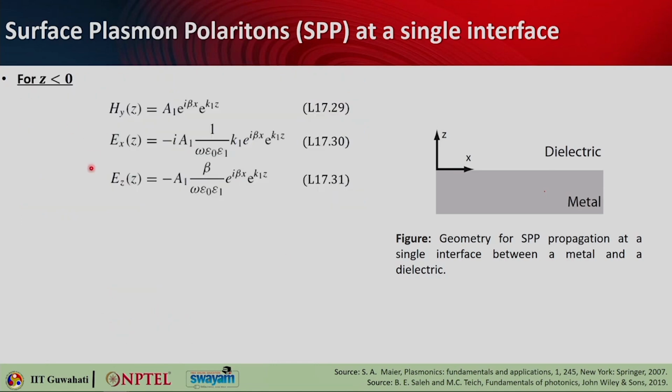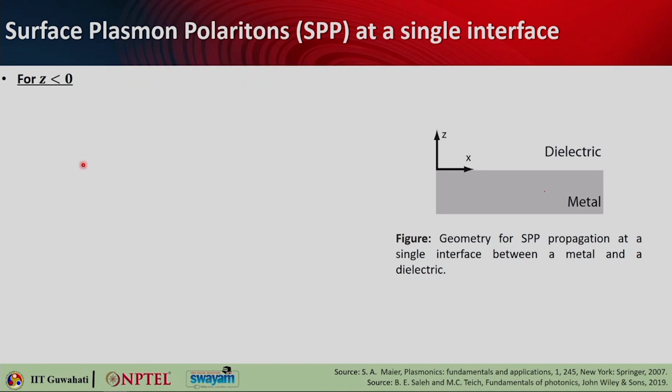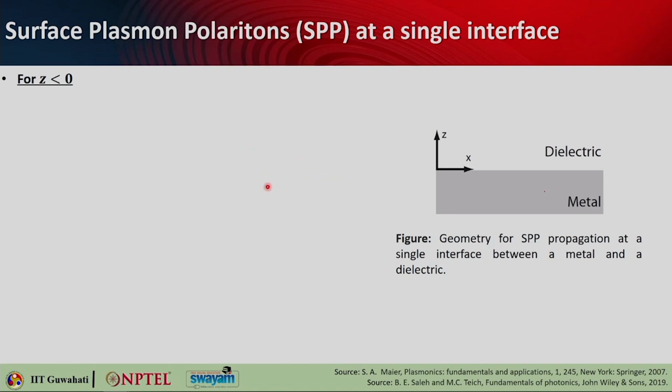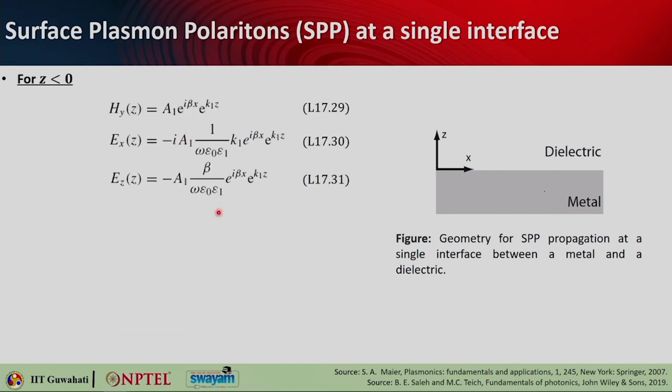That is for z greater than 0. If you consider z less than 0, in that case all these z's will be replaced by minus z. So here if you put z equals minus z, you get the equation in this particular form.